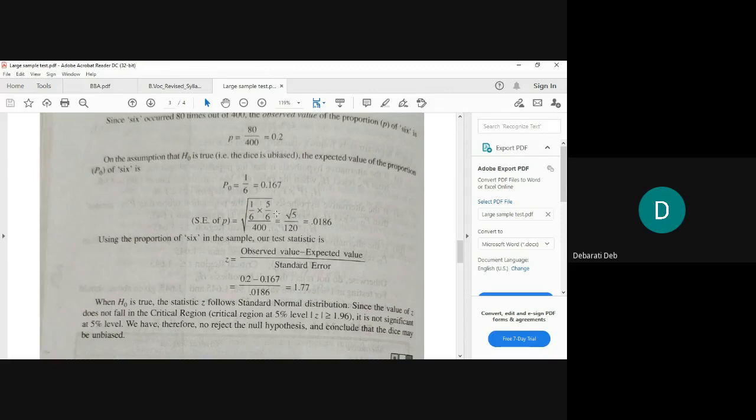Now calculate the root over of it. Ma'am, it's 0.373. That is the root over, right?